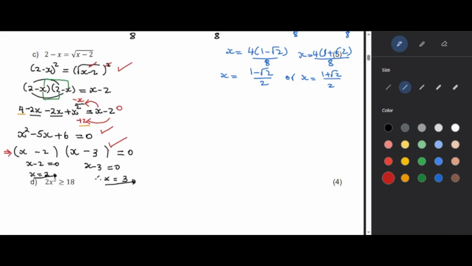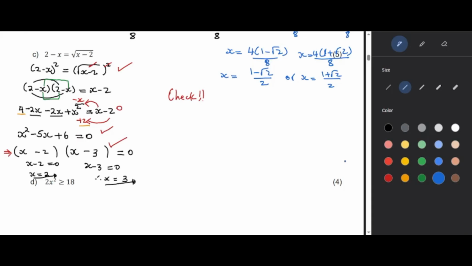And now remember, we are working with surds. You need to check if you can reject between x is equal to 2 and x is equal to 3. That's another mistake that you must not make in an exam. You need to check your solution. So you need to ask yourself, how can I check my solution?